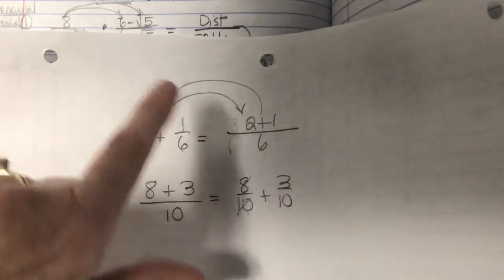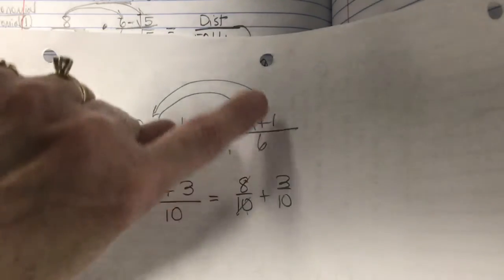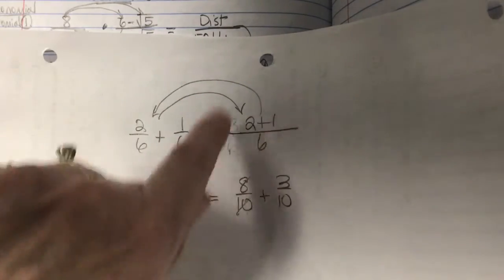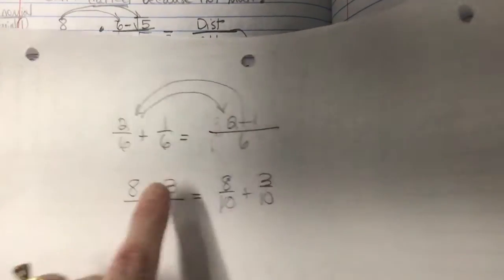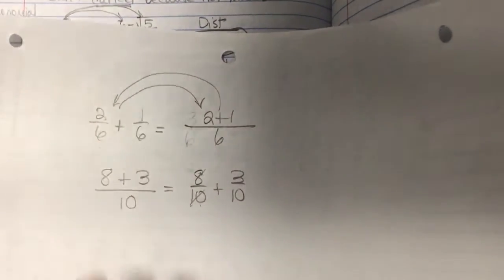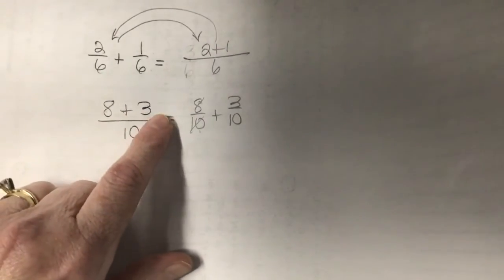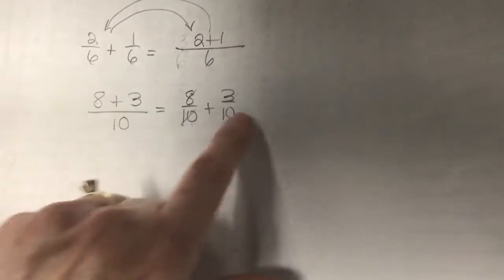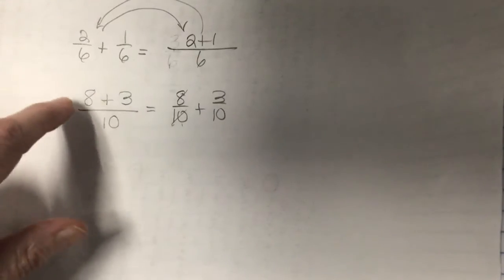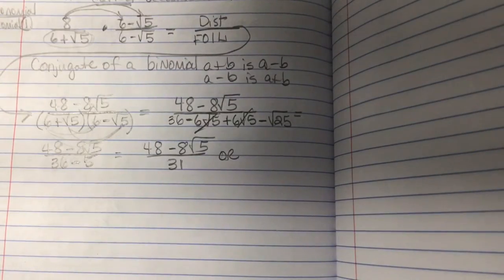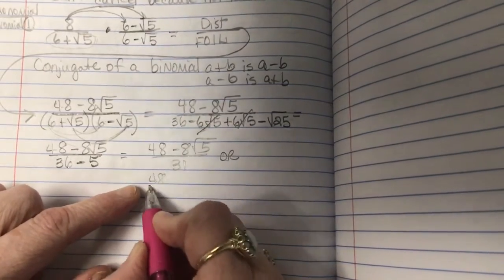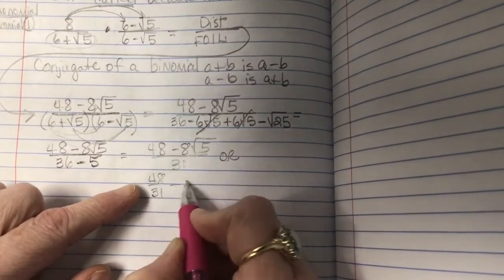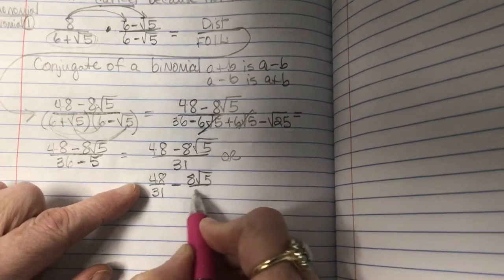then you also want to recognize, and we very rarely do it, but you can actually take a fraction, especially like we're doing here, and distribute the denominator to both of the terms on top. So you can go backwards. So if I have 8 plus 3 over 11, I can actually distribute that 11 to both of them. In this case, we're going to put 48 over 31 minus 8 square root of 5 over 31.